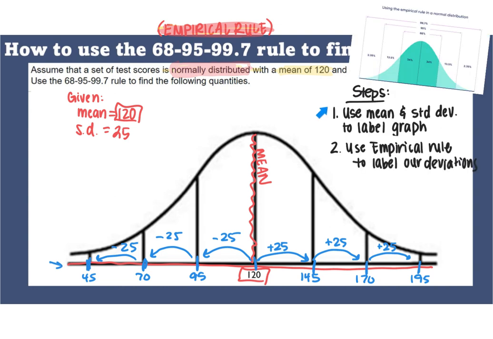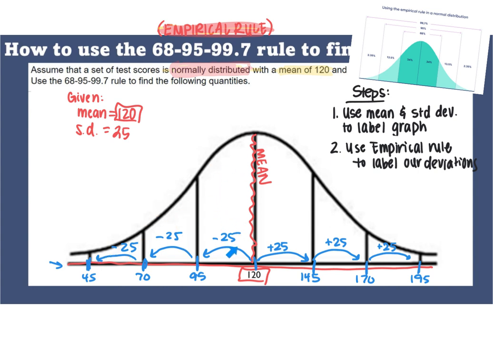All right, so now that step 1 is done, we used our mean, labeled it in the middle, and our standard deviation to label our graph along the bottom here. The next thing we're going to do is use our empirical rule to label our deviations, right? And those are the spaces away from the mean, right?